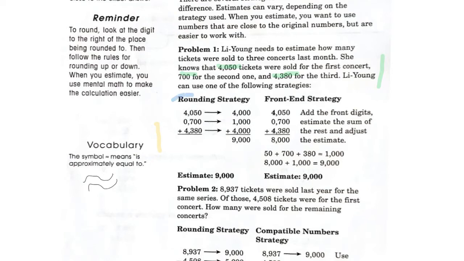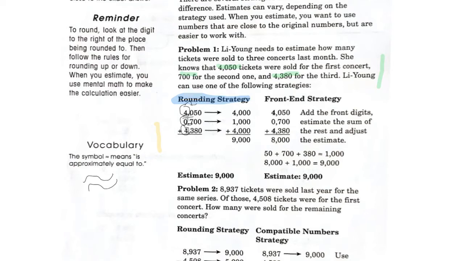The first one is just the straight rounding strategy. So we have written our 3 numbers down, and we are going to round to the nearest thousands position. So I'm going to circle my 1,000. I'm going to look over to the next number. So my first one, the number that follows my circle, is a 0.